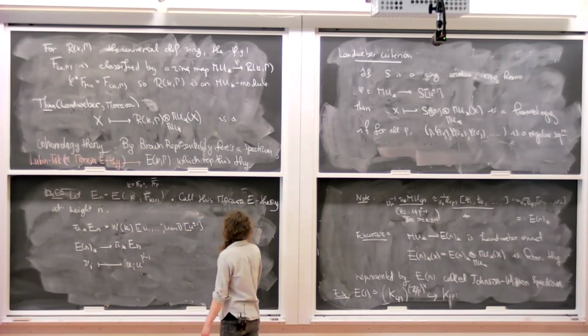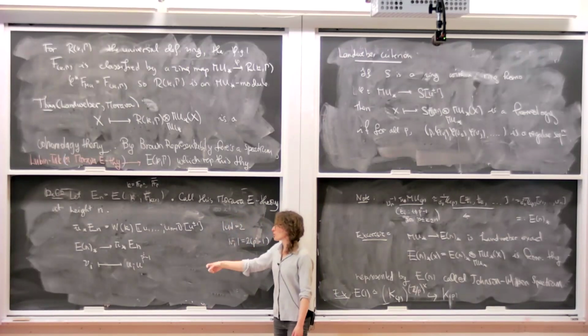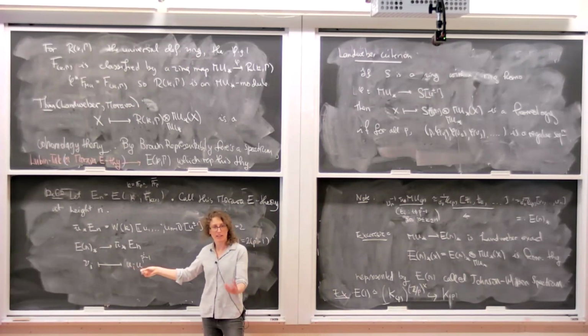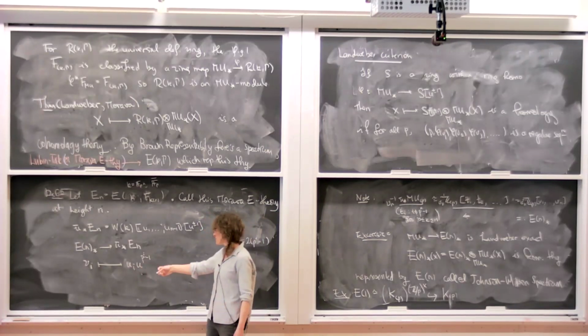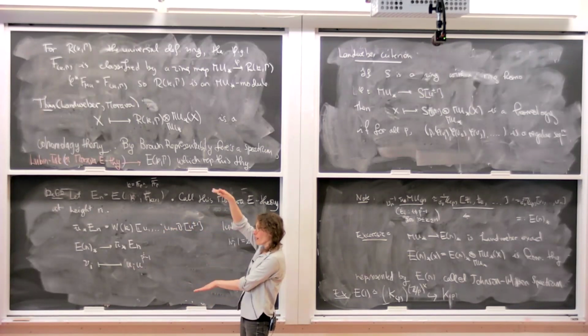The vis had degree 2 times p to the i minus 1. So I added a bunch of roots of the vis, or rather I made them more divisible. Not roots, but I made them divisible. So I sort of added something that made the thing more homogeneous, made it 2-periodic.